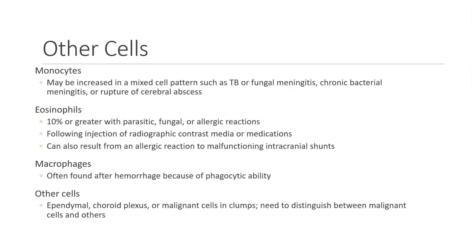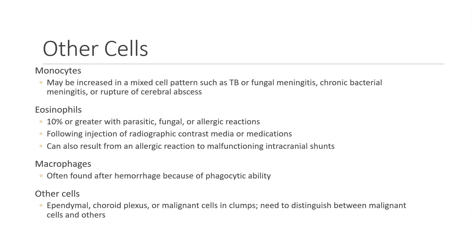Some other cells that may be increased in disease conditions include the monocytes, and they may be increased in a mixed cell pattern such as in TB or fungal meningitis, chronic bacterial meningitis, or rupture of a cerebral abscess. Eosinophils, 10% or greater in number with parasitic, fungal, or allergic reactions.